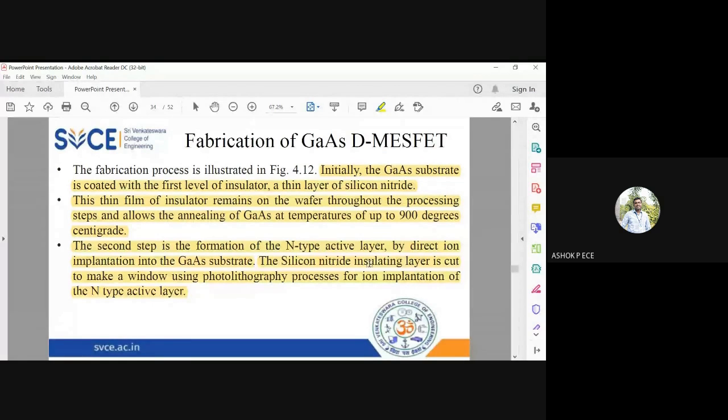I don't think in India we have an IC manufacturing fabrication facility, but in developed countries like the USA, where there is very high scope for research, the companies have dedicated fabrication facilities where they manufacture these devices in an extremely clean environment so that no impurity goes into the device during fabrication. That is ensured by the companies.